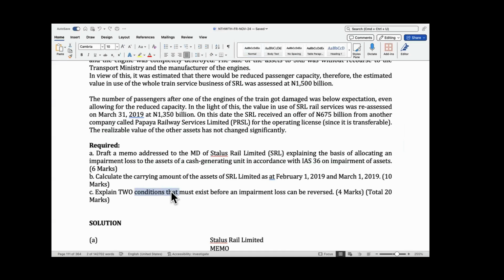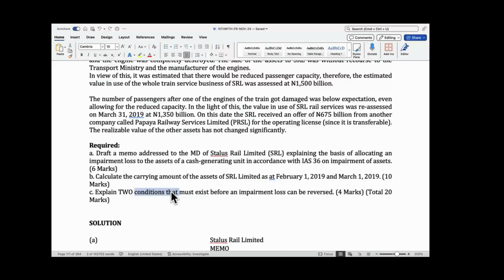That's a condition before you can reverse. And number two is that you must ensure that the new value is not higher than the original value of the asset before even the first impairment.